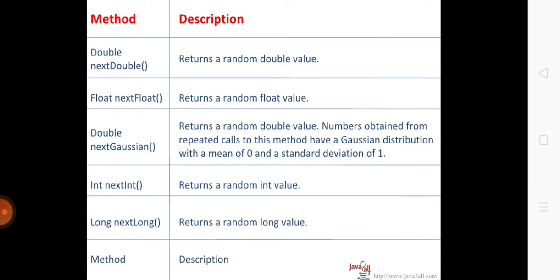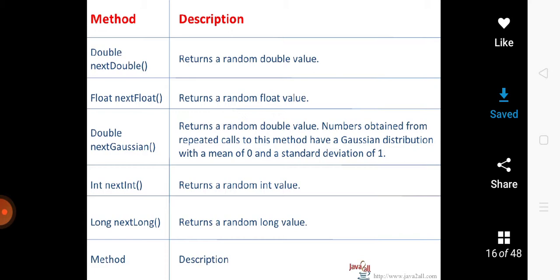And next is next Gaussian. This is also a method in this class, and it is used for the Gaussian distribution with the mean value of 0 and the standard deviation of 1. You can use this whenever you want to calculate some statistical problems in your program.